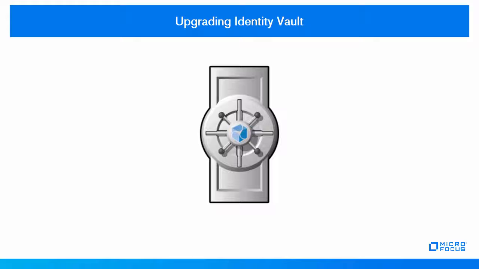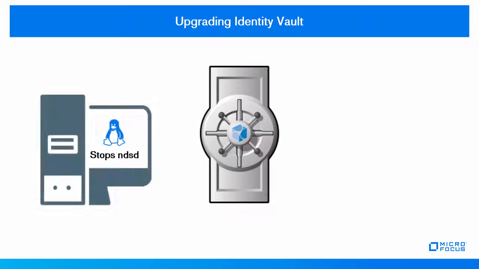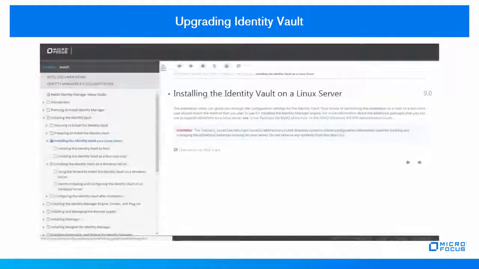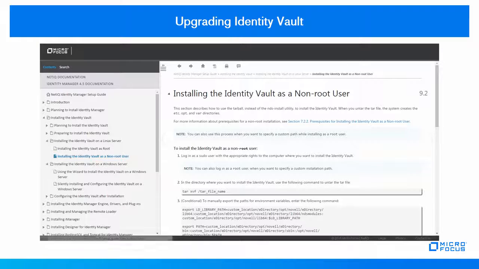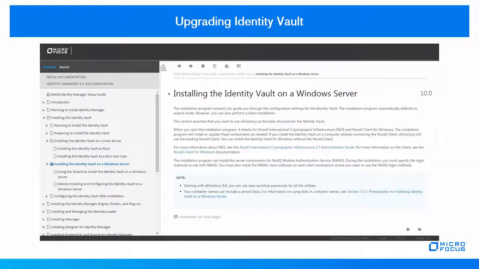When you upgrade Identity Vault on a Linux machine, it stops NDSD, which in turn stops all drivers. You can update Identity Vault using the wizard or in a console mode and as a root or non-root user. This information can be found in the Installing the Identity Vault section in the Setup Guide.